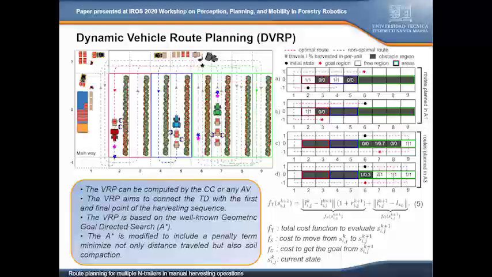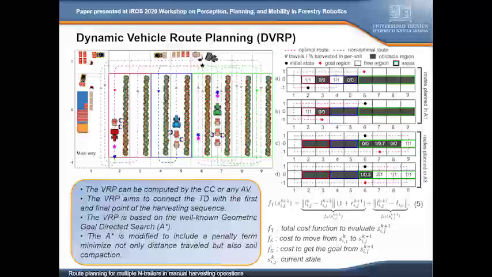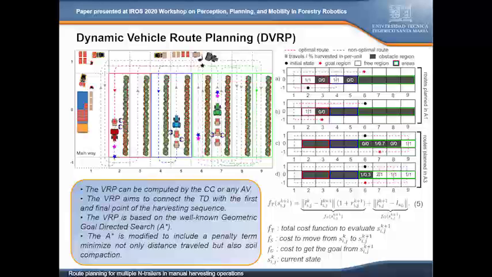The route planning is based on the well-known A-star algorithm, which aims to determine a sequence of states which represents the shortest road from the initial point to the given goal. The A-star algorithm evaluates each possible element of the state space by combining the cost of moving from the current state to a possible successor, denoted by the cost Fs, and the cost to get from the possible successor to the goal, denoted by Fg.